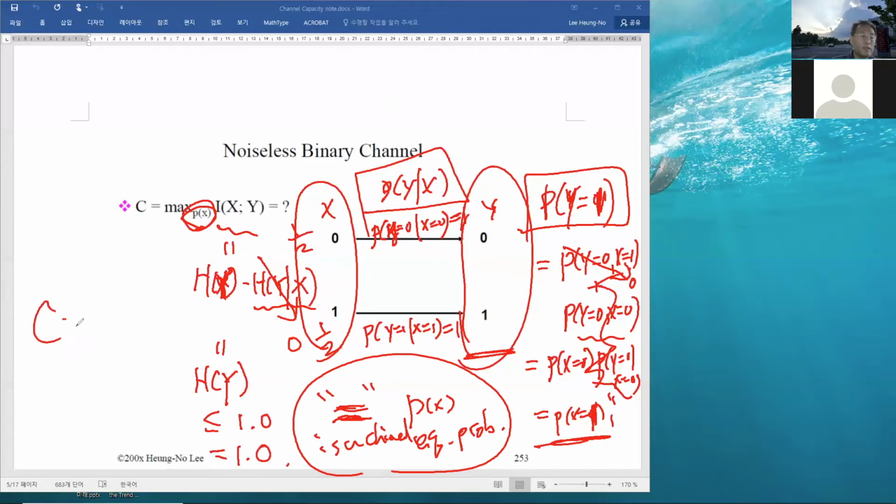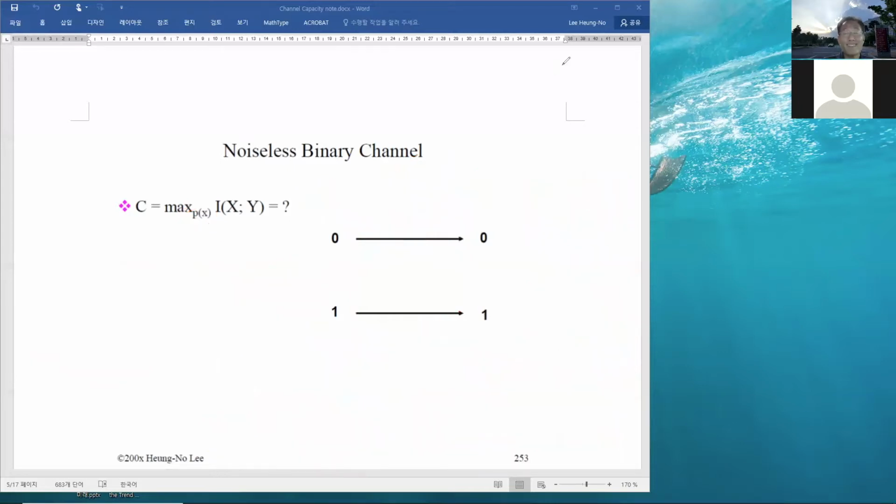So C in this case is 1.0, in bits per channel use. That's the explanation for the capacity of the noiseless binary channel.